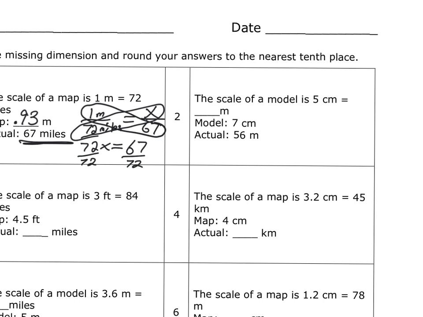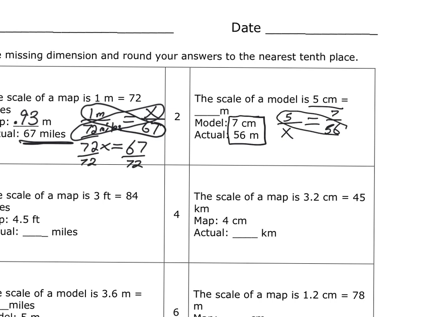Second example, you see we've got 5 centimeters is equal to an unknown number of meters in our scale. So we have to go with the information we're given. We're still going to make centimeters over meters. And we don't know what the meters are that match up to the 5. Okay, so we have X meters and 56 meters, 5 centimeters and 7 centimeters.